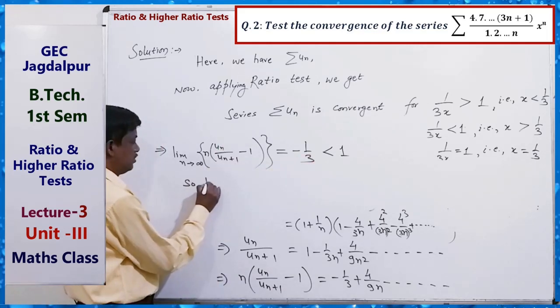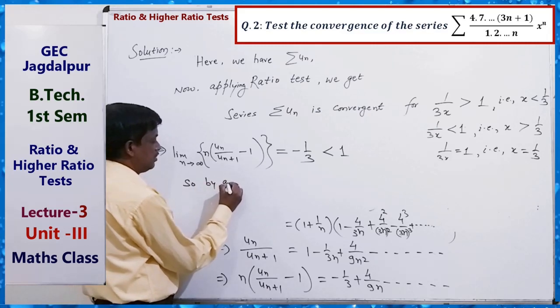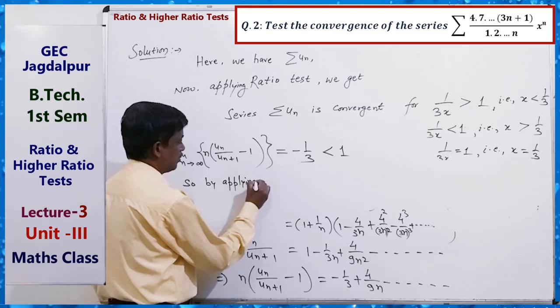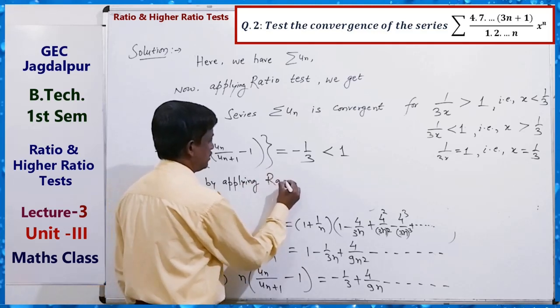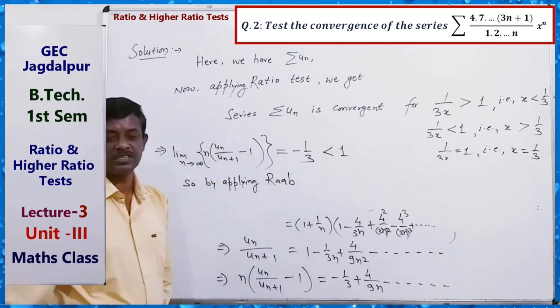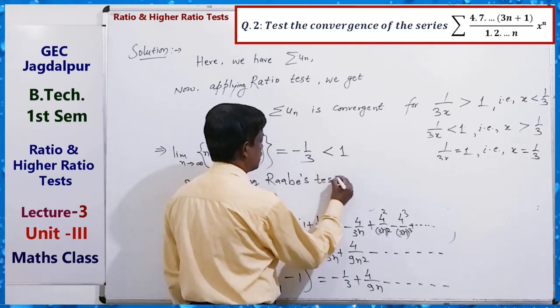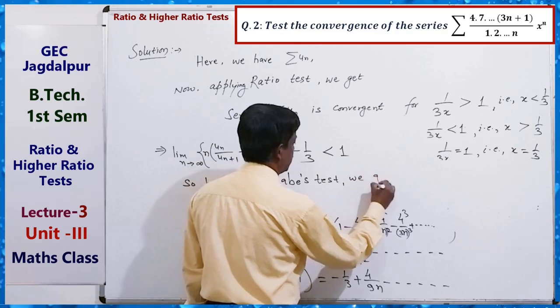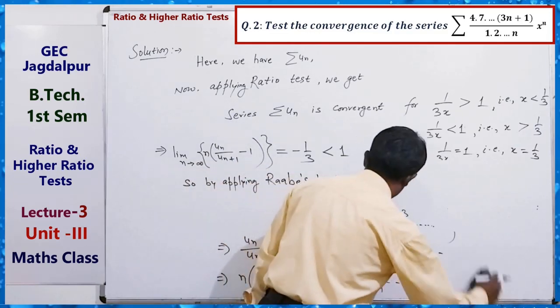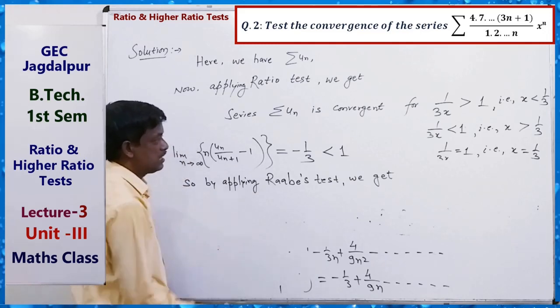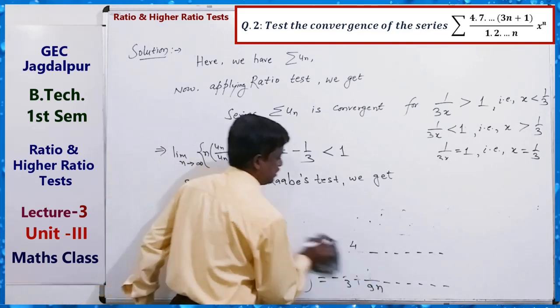So by applying Raabe's test, because this combination is for Raabe's test, we get less than 1 means divergent.